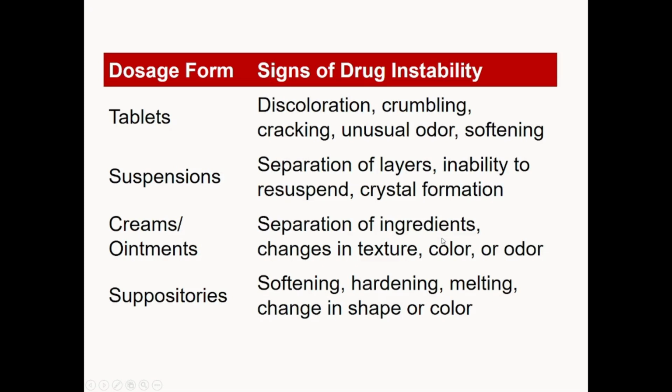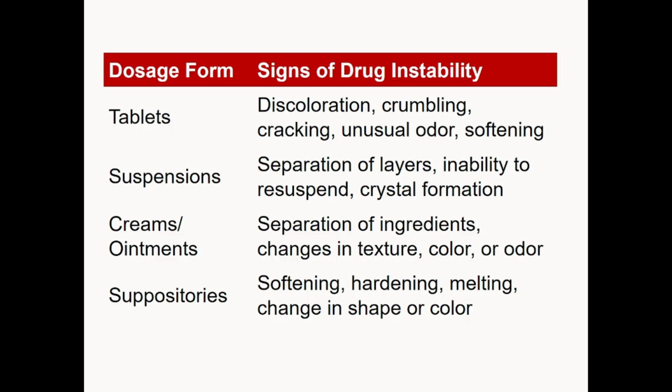Here are other products' signs of drug instability. Suspensions can form crystals or can have an inability to resuspend, and creams and ointments can separate into two layers, such as an oil layer and a water layer, or change in the texture of the ointment or cream, or change in the color or smell can be possible.